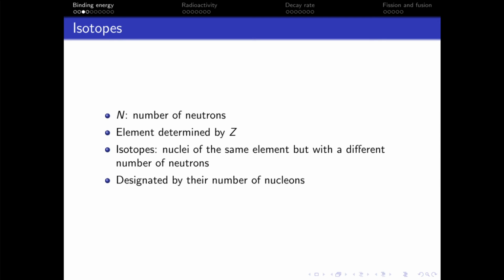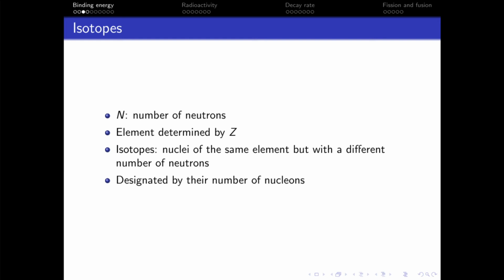But even with a given number of protons, for the same element, you may have a different number of neutrons. For each configuration of a given element with a different number of neutrons, we'll call it an isotope. It will still have, at least from a chemical point of view, about the same properties, but won't have the same nucleus.